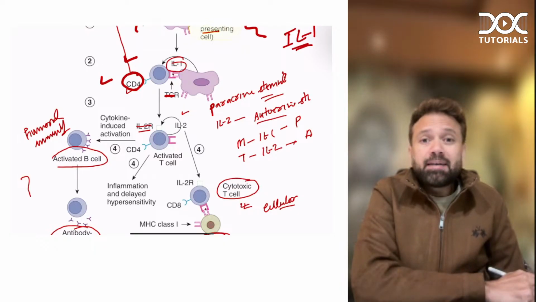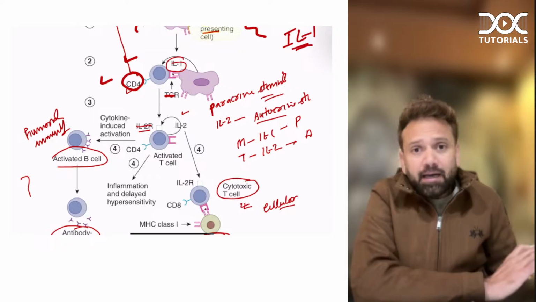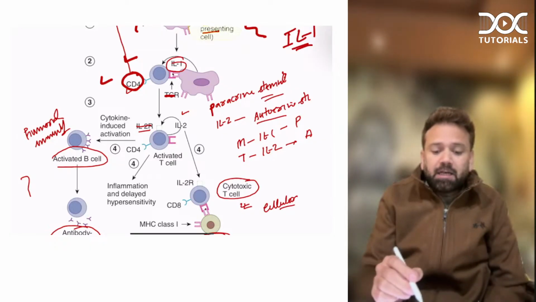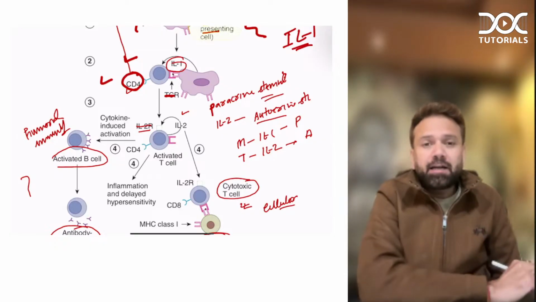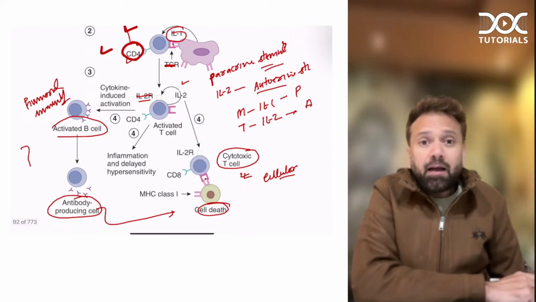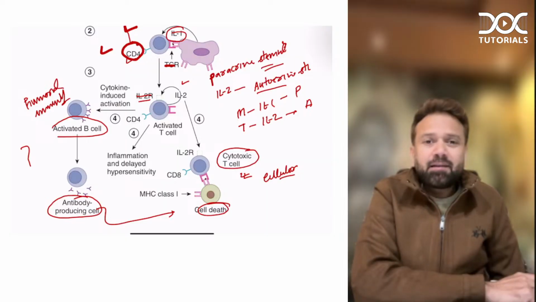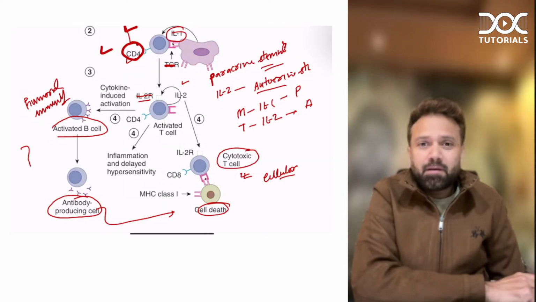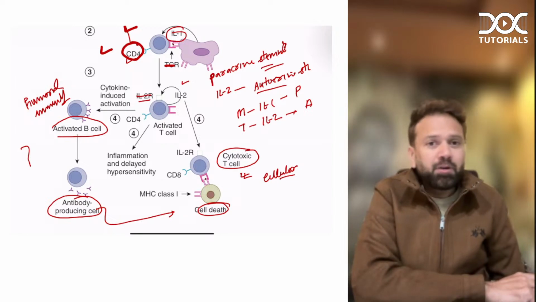This is how T lymphocytes are stimulated, and they can convert into cytotoxic T cells and kill the antigen, or they can activate B lymphocytes to form antibody producing cells, plasma cells, and antibodies will again damage the antigen. So this is your cellular immunity and humoral immunity.